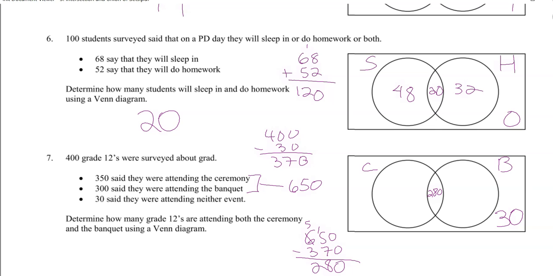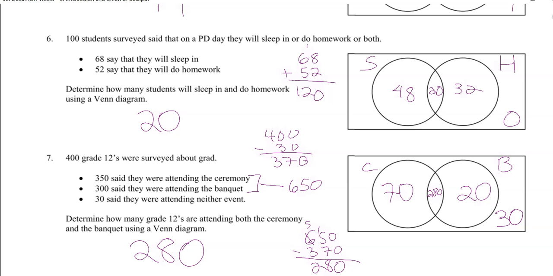Ceremony, banquet. 50, 120, 200, 400. So how many are attending both the ceremony and banquet? 280. Makes sense.